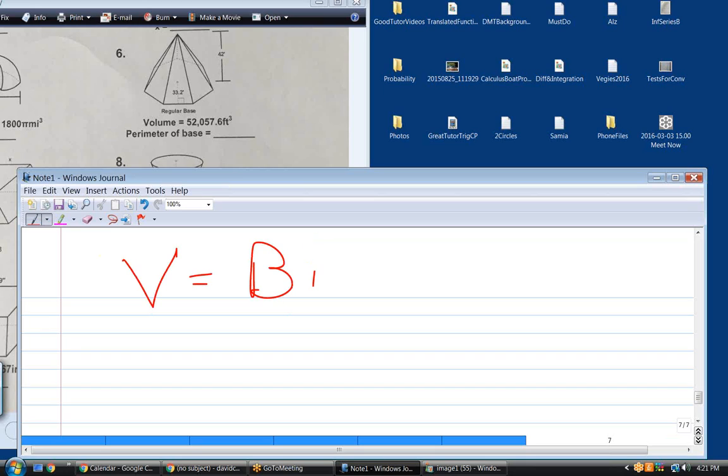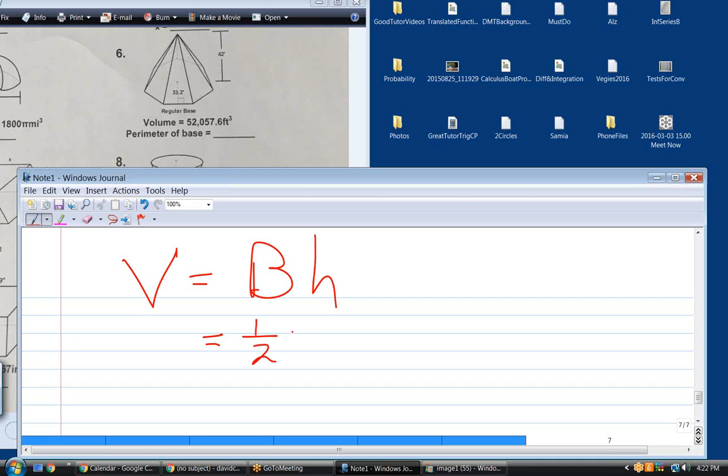This time it's okay to use base times height. Well, when I say volume, what's the general formula? Okay, it's base times height, right? Yeah. What's the area of the base? What's the area of a regular polyhedron, regular polygon?